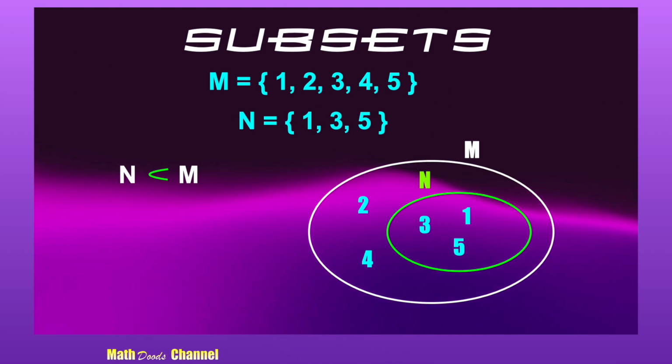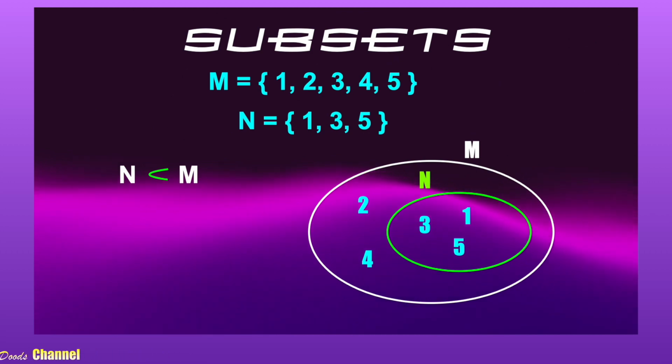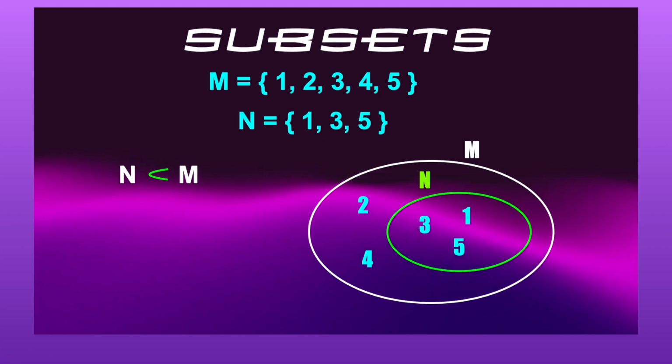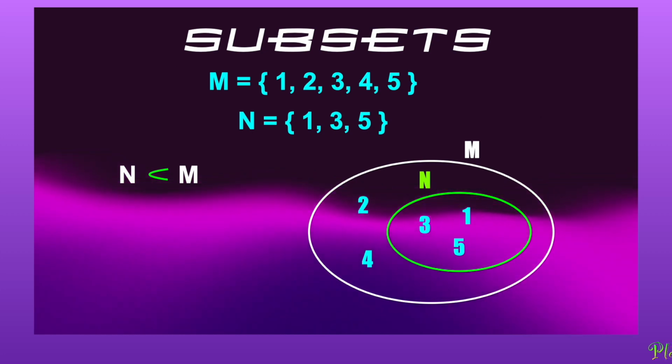Because the meaning of subset is a set within a set. All elements of set N are also elements of set M. But not all elements of set M are also elements of set N, ha?